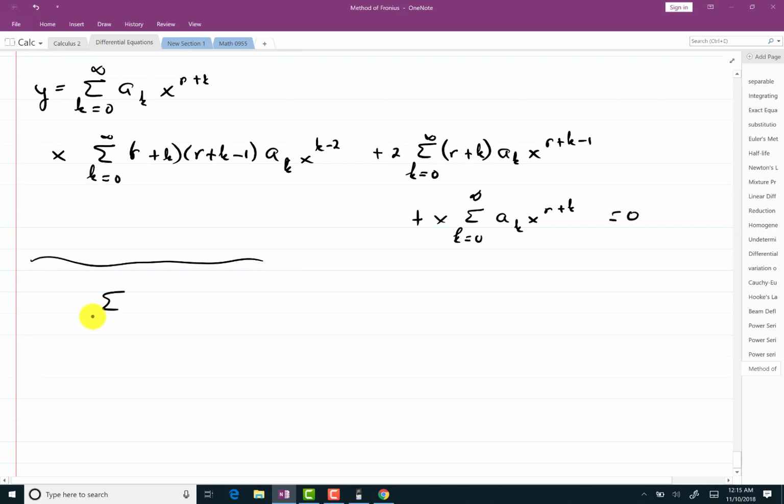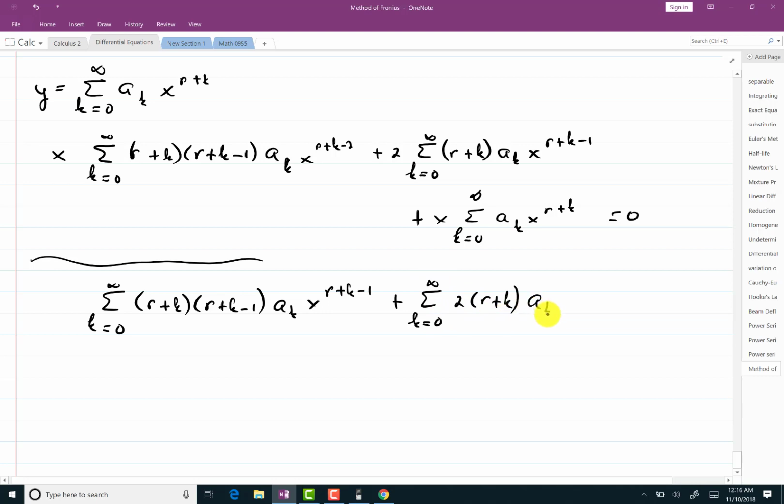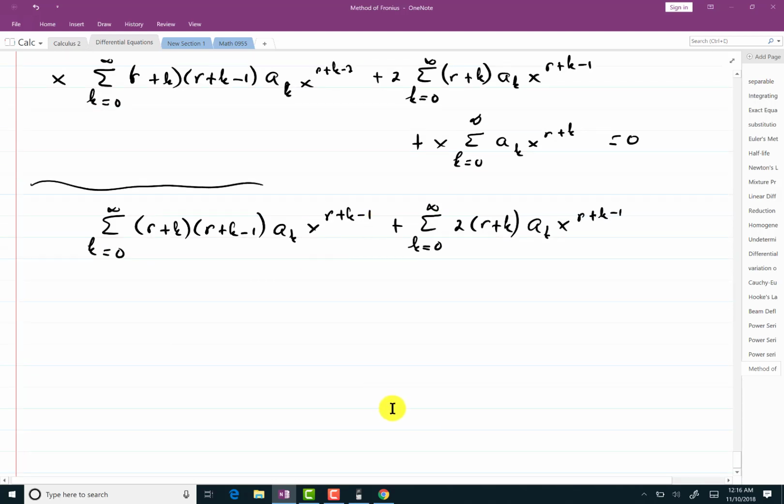I will get the sum k equals 0 to infinity, r plus k times r plus k minus 1, a sub k x to the r plus k minus 1, plus I'll pull in the 2 there, 2 times r plus k, a sub k x to the r plus k minus 1, and I'll pull in the x on the last one. Of course, all that's equal to 0.